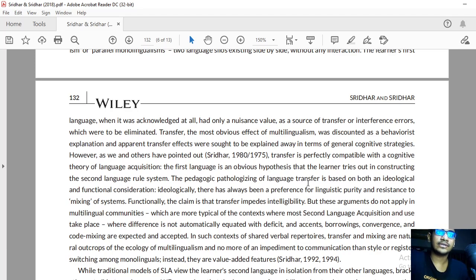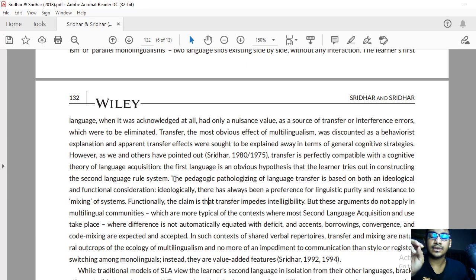So yes, transfer does happen, and people, when learning a second language, think of the first language as their base. They think about what the rules are, and they try to match the rules with the second language. That's why many people try to translate in their heads: I know the Bangla word and the Bangla sentence of how I want to say this, but how do I translate this into English?